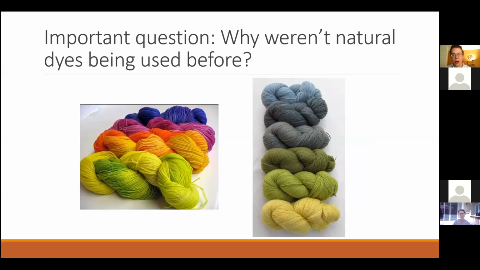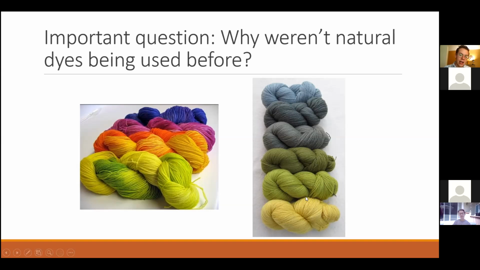So I thought this is a great visual image in case it's not quite clear yet what the difference is between synthetic and natural dyes. This image on the left has been dyed using synthetic dye, and you'll notice that the color is quite brighter, and the colors on the right are much softer.